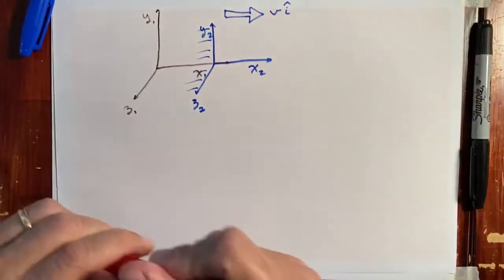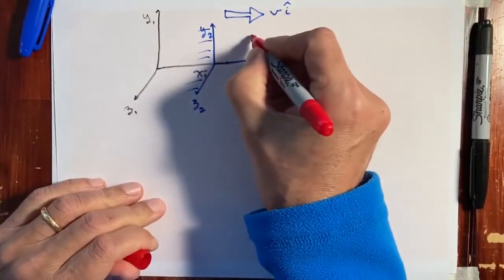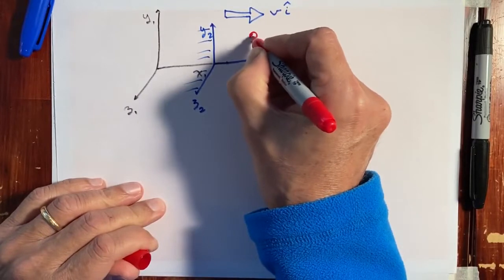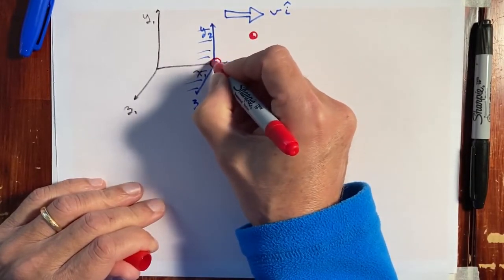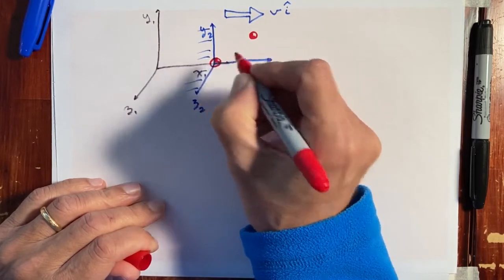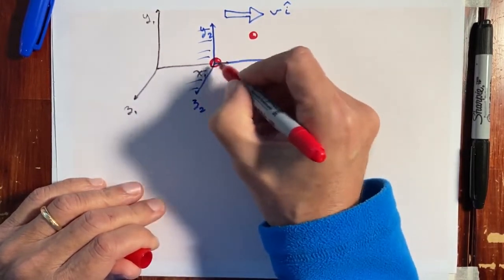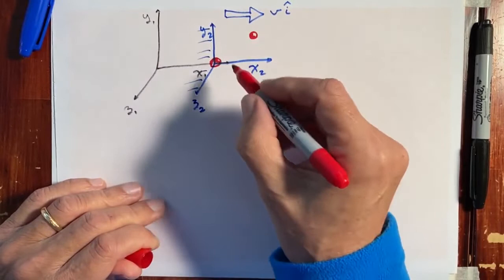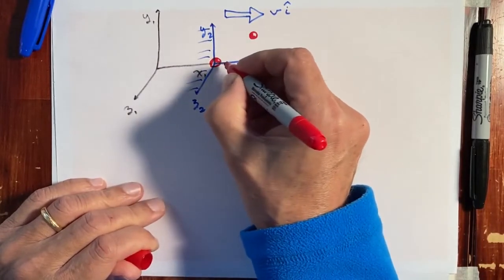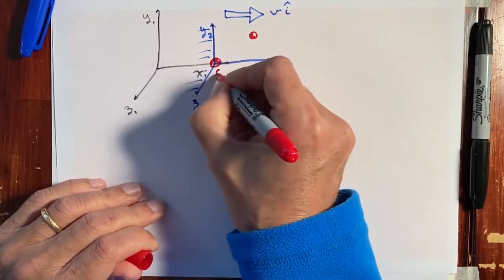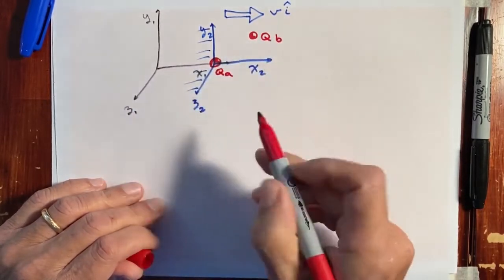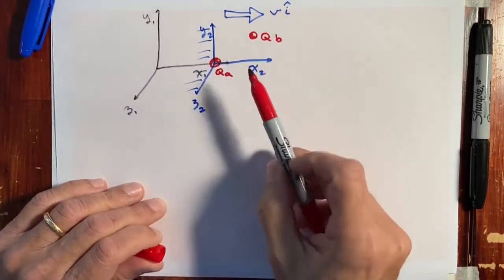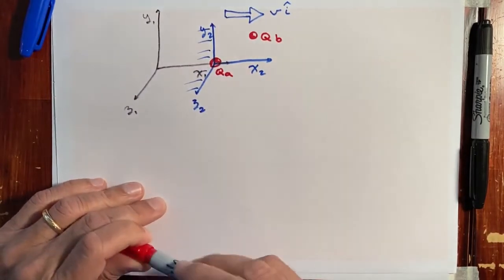Now we're going to have two particles, here and here. These two particles are going to be charged. One is going to be Q sub A, and this one is going to be Q sub B. They're going to have an electric field in the second frame of reference.